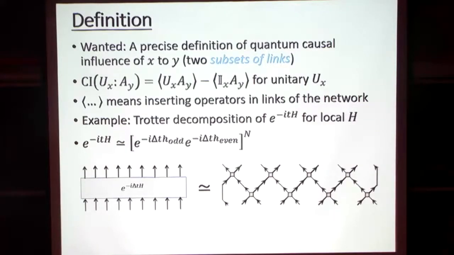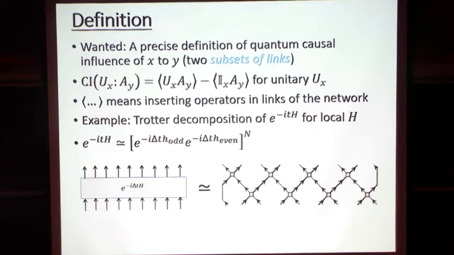Now we would like to define a measure of the causal influence, which clearly should be some measure of correlation. It's related to correlation between the two sites, but it cannot be just a correlation function because you want something that's one directional.